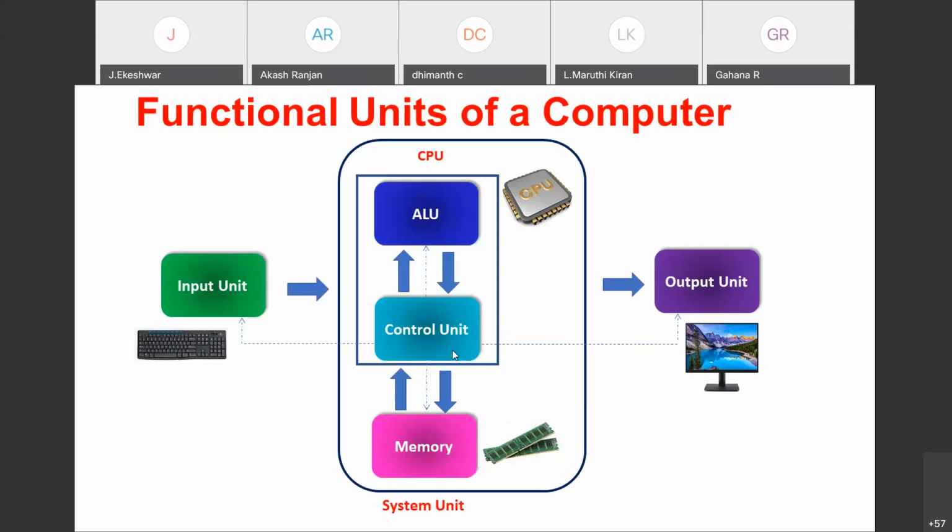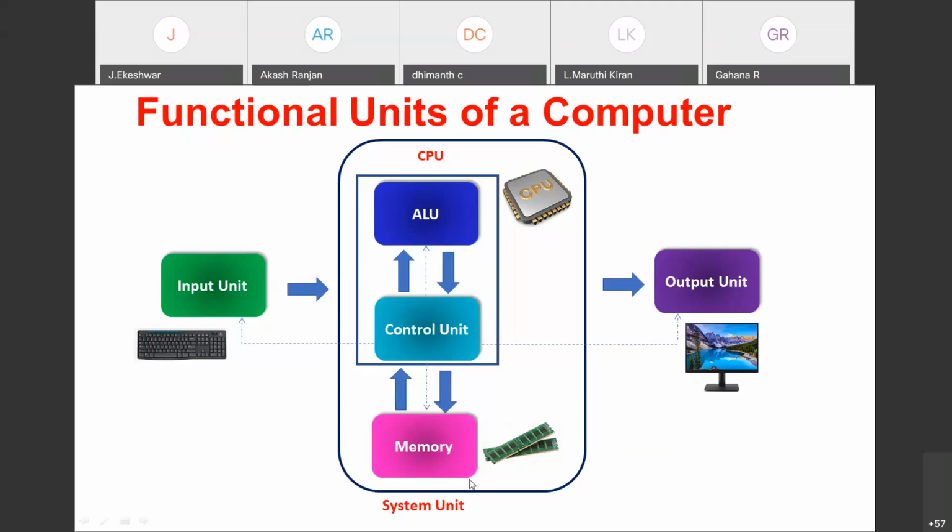So read write control signals will be sent, or it may be for controlling the operations of IO devices, maybe the transfer of data into the system unit or from the system unit to the output unit, or maybe to perform the arithmetic logical operations, or to decode the instructions. So everything will be handled by the control unit. So it is responsible for overall supervision of the computer.